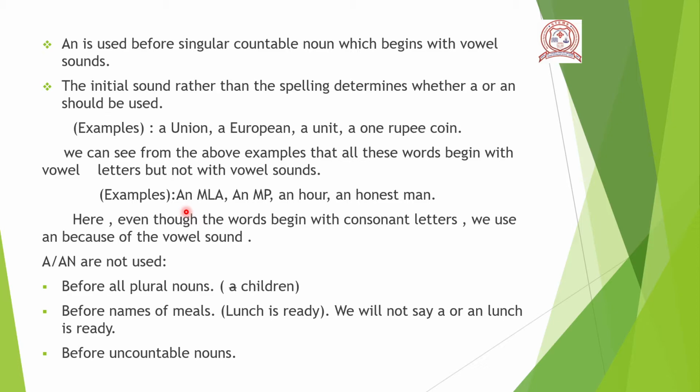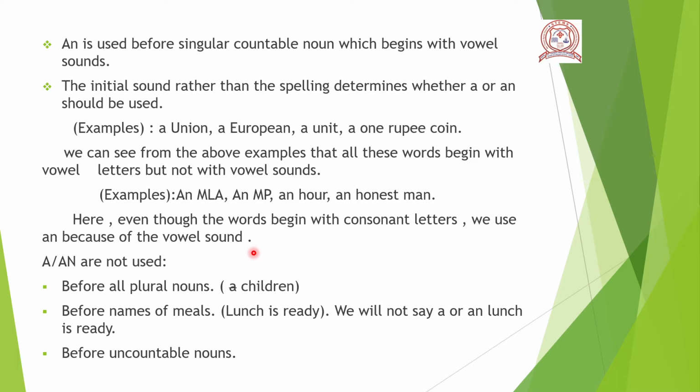See here, all the words begin with consonant letters, but we have used an because the pronunciation, the initial sound, is that of a vowel sound. So instead of using a, we have used an. Even though the word begins with a consonant letter, we use an because of the vowel sound.